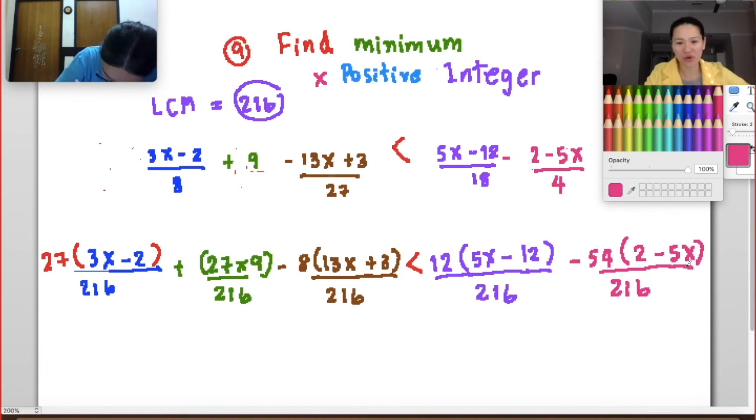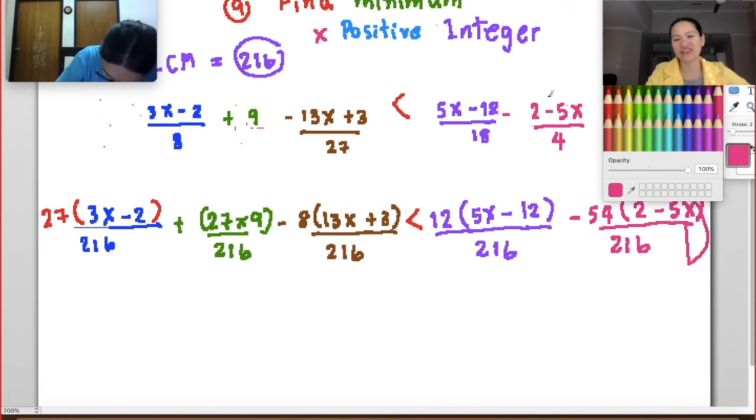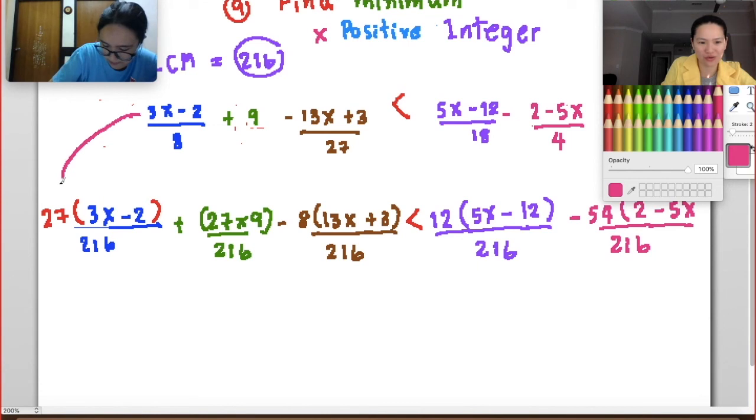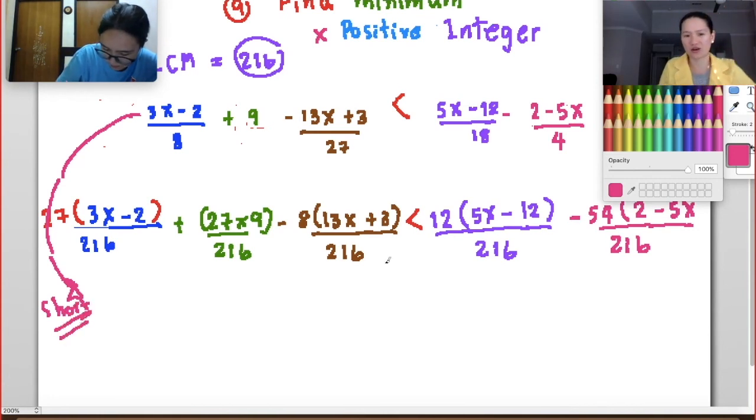Oh, another method. This one is the full version, but I can teach you another method as well. Skip all of this one, go straight to here. That one is the shortcut, the one that is easier. What you're going to do is just multiply all of the terms with 216.